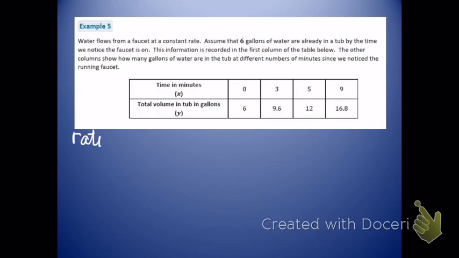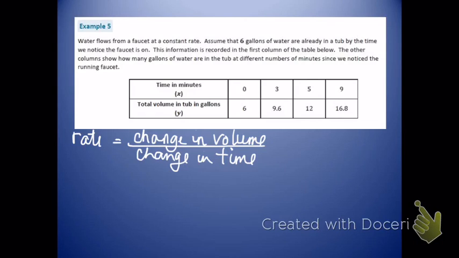So as we begin to do that, we realize that the rate is going to be how much the volume in the tub changes in a given amount of time. If you look at this first entry, from 0 to 3 minutes, the time that passed was 3 minutes.